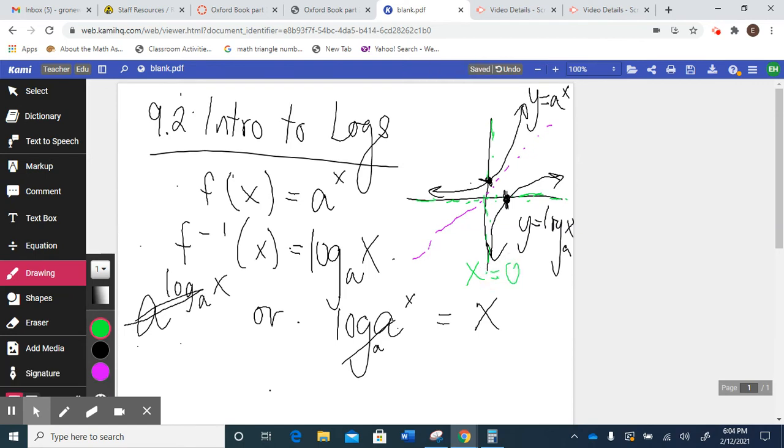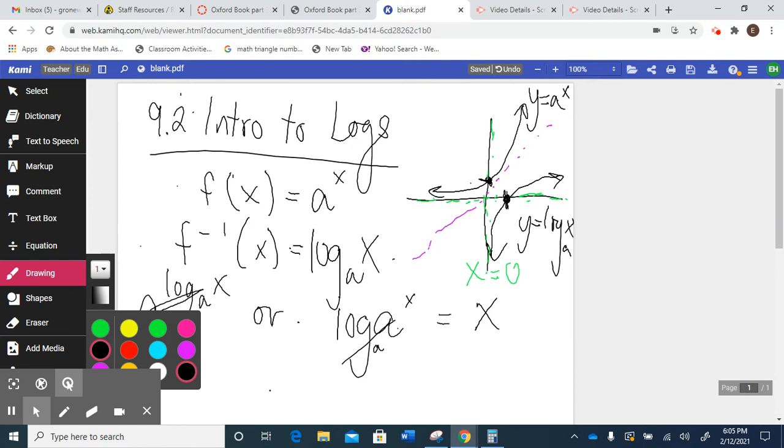Okay, very similar for domain and range. The domain and range of the exponential function, domain was all real numbers, and the range was 0 to infinity. The logarithm graph, just like with any inverse graph, is the flipped version of that. So the domain and range, draw an arrow up here.